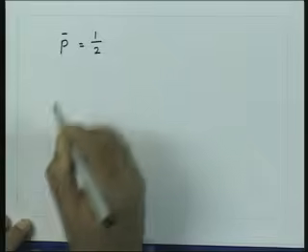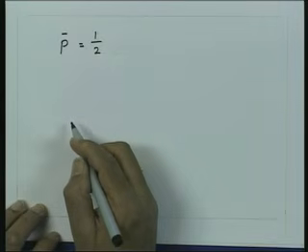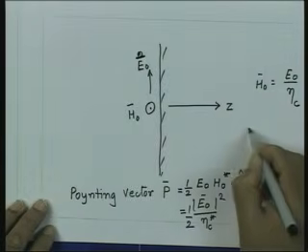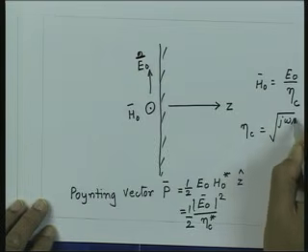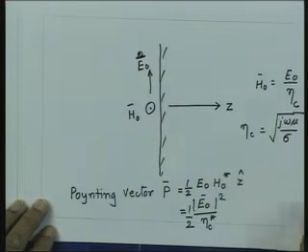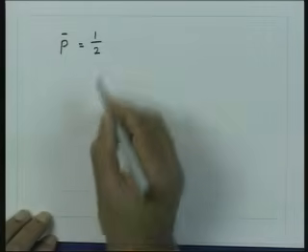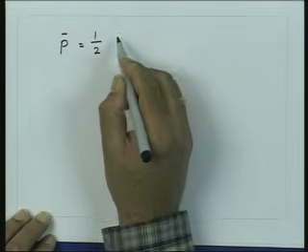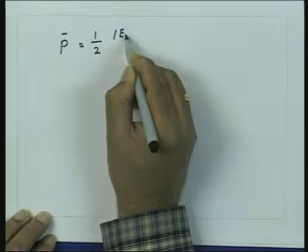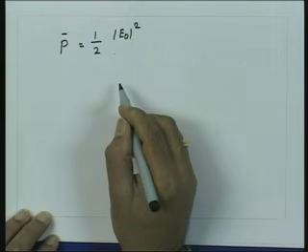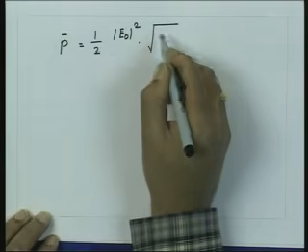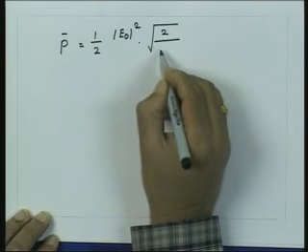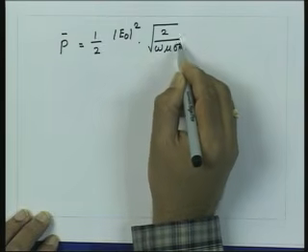So, the P will be half, and if I rationalize this quantity eta c, which is square root of j omega mu upon sigma, then I will get half E naught square into square root of 2 upon omega mu sigma.